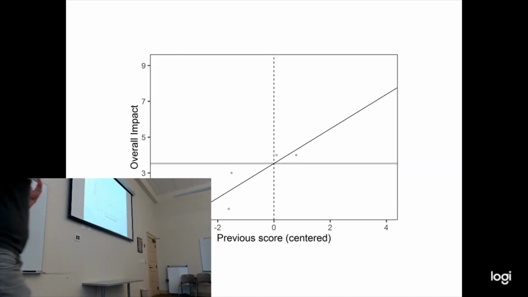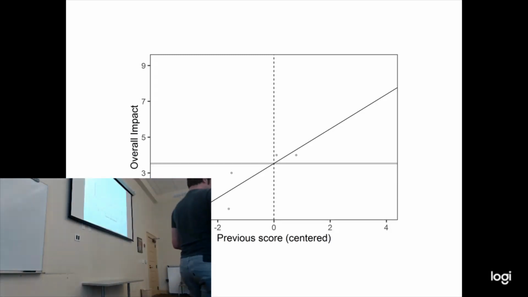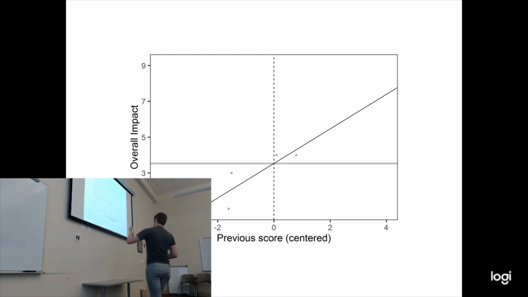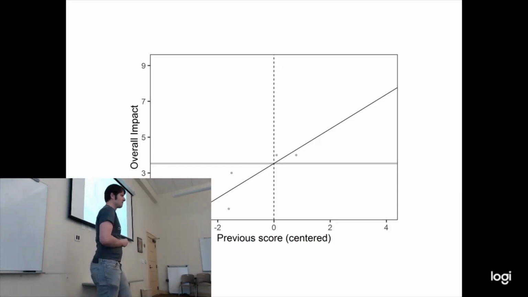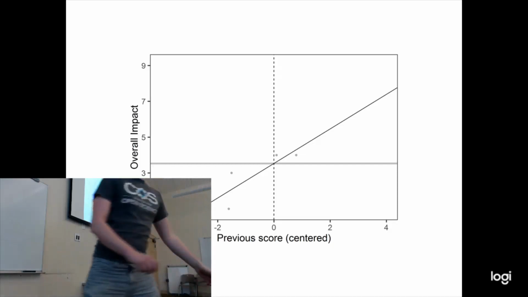So here is this reviewer's intercept. That's the gray line. The slope, that's indicated by the black line. Those are just those parameters that I extracted for this reviewer. So it looks like this process is very similar as it was before.